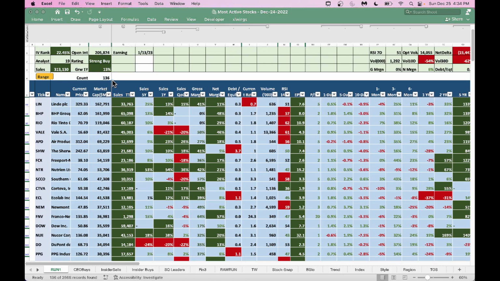What we'll do now is apply some criteria to look for great stocks in basic materials. I want to make sure the sales growth itself is good.